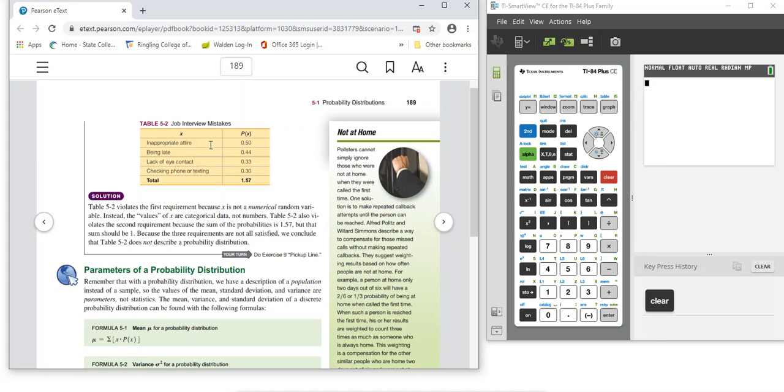They're saying that inappropriate attire happens 50% of the time. Being late happens 44% of the time. Lack of eye contact happens 33%. So these are definitely not all equally likely to occur according to this table.